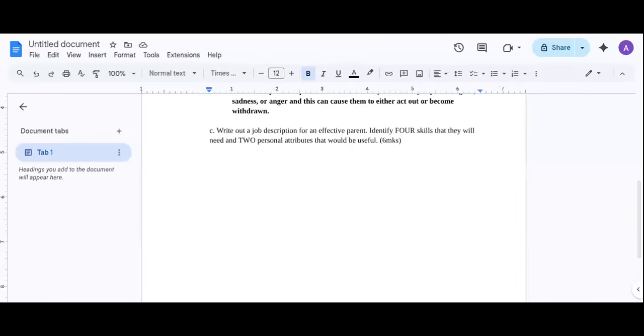Just give me a second. My work seems to be disappearing. Every time I click something, it goes somewhere else. Give me a second to rectify what is actually happening.